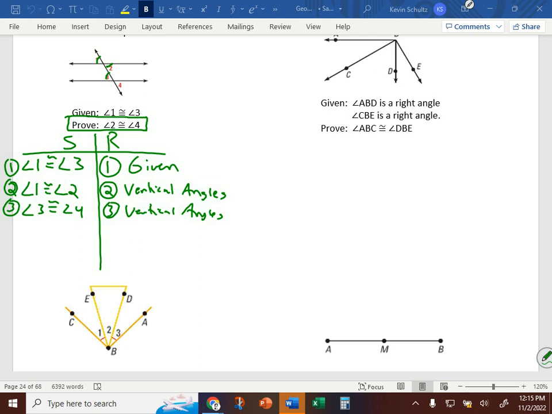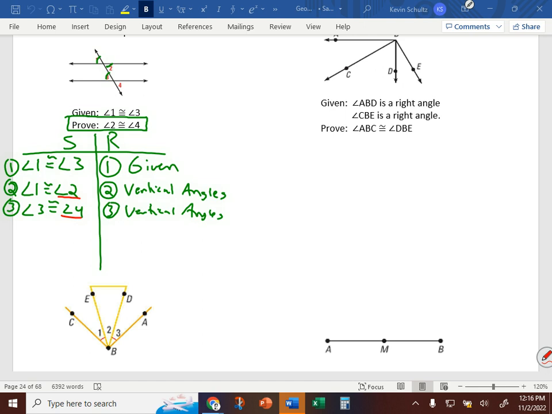And so what we did was we looked at, what do I know about angle 2? Well, based on its position, Ellen knew it was vertical with angle 1. There we go. We've introduced angle 2. Kylie looked at angle 4 and said, I know that's vertical with angle 3. Look, we've introduced angle 4.